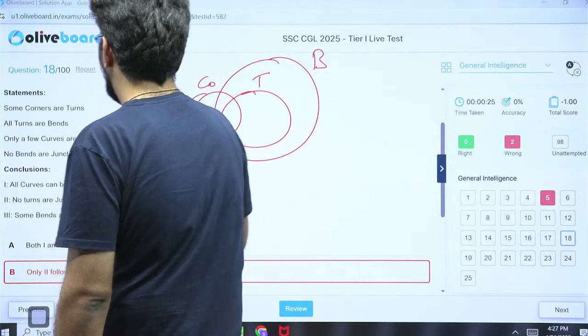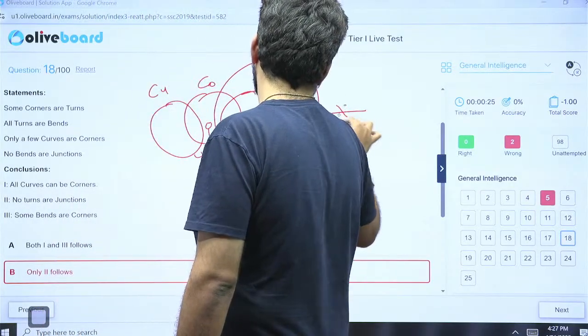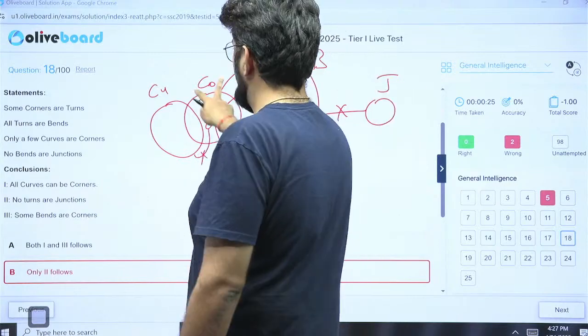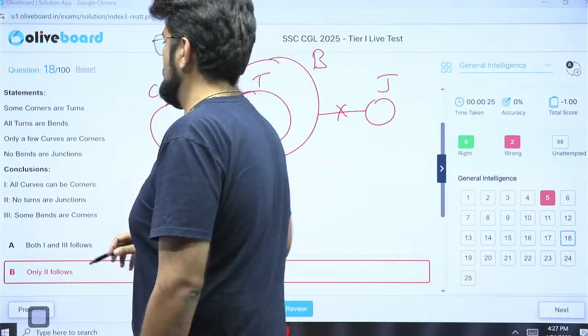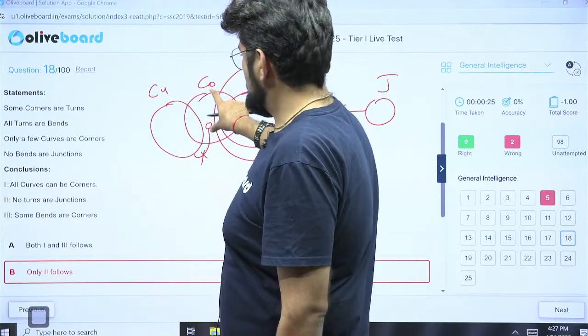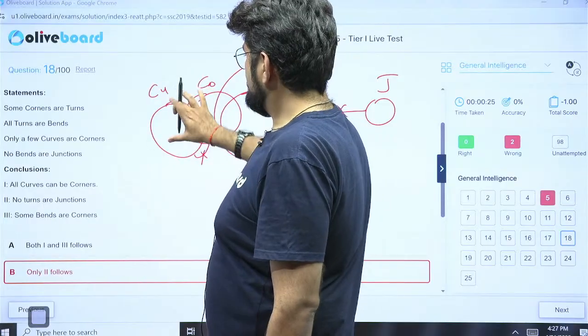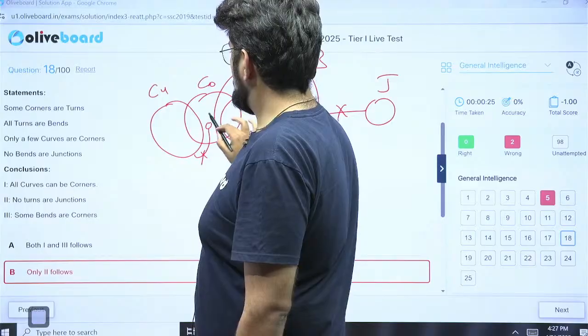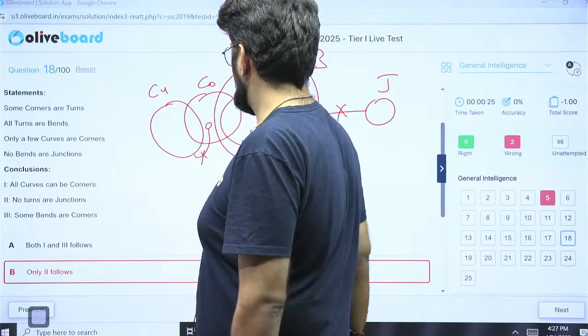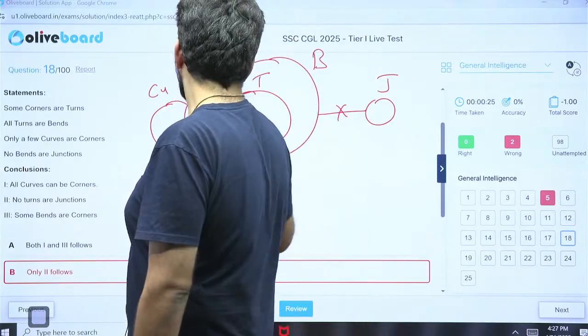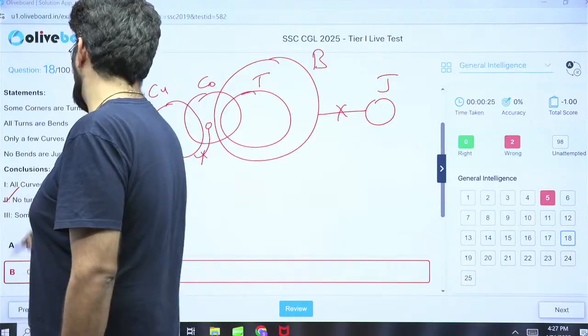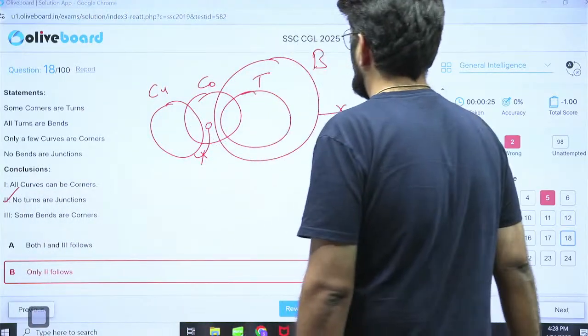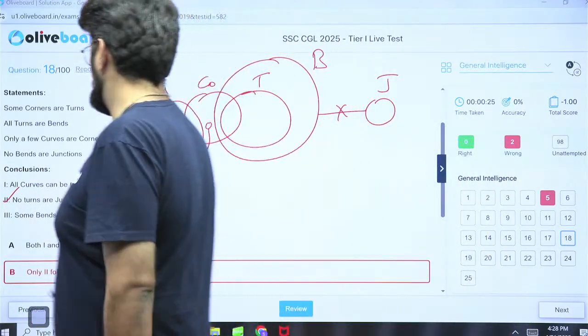And no bends are junctions. I had labeled this as CO and this as CO. That is what made the error. All curves can be corners? No. Some are corners, some are not corners. Okay, no turns are junctions. This is still correct. And some bends are corners is also correct. So 2 and 3 follow.